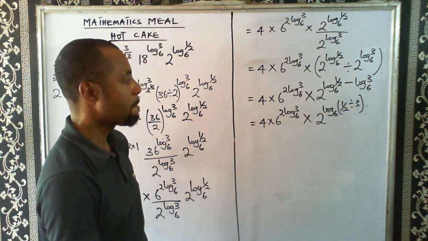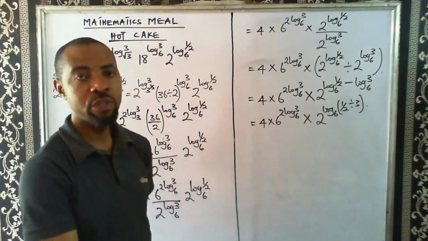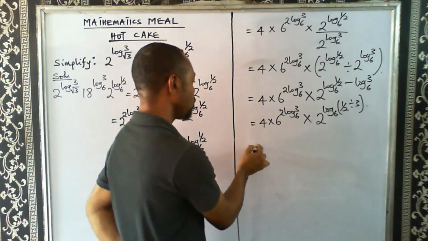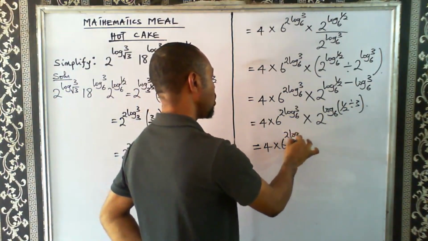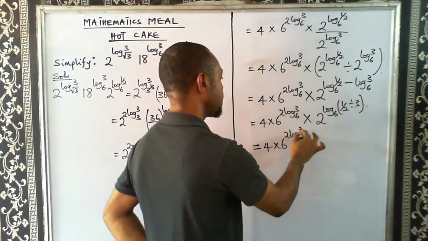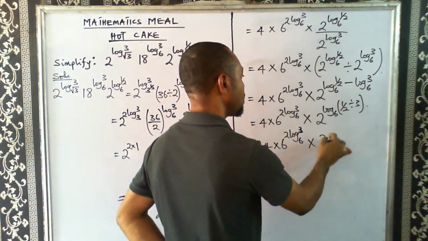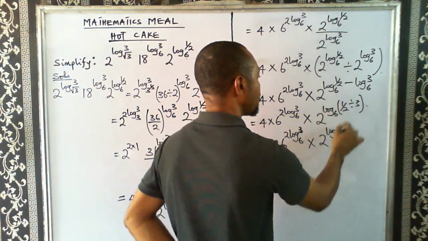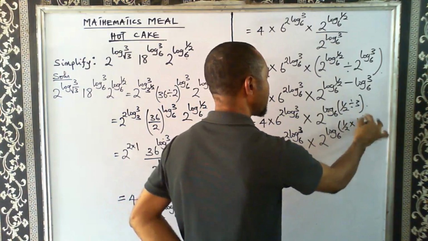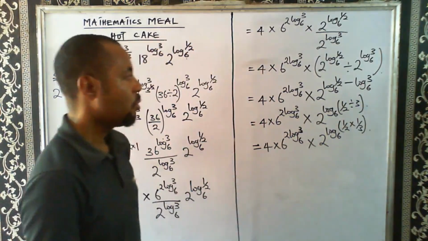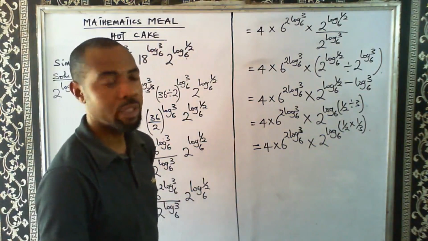That's beautiful. Okay. Now 1 over 2 divided by 3, because we want to show everything, 4 times 6 raised to power 2 log 3 in base 6 times 2 raised to power log 1 over 2 divided by 3 will give us 1 over 2 times 1 over 3.